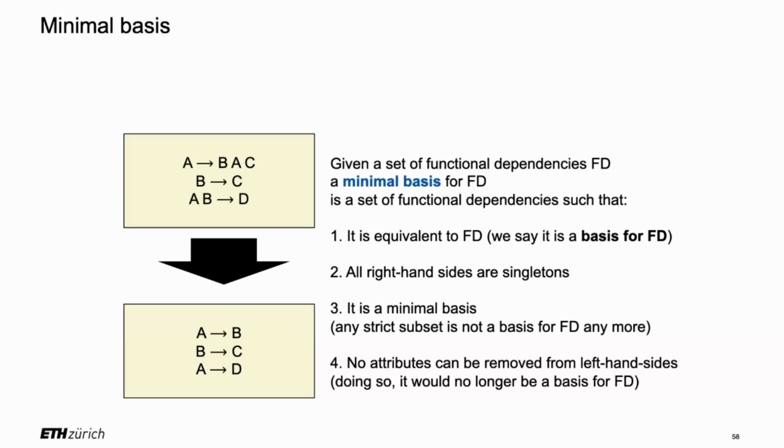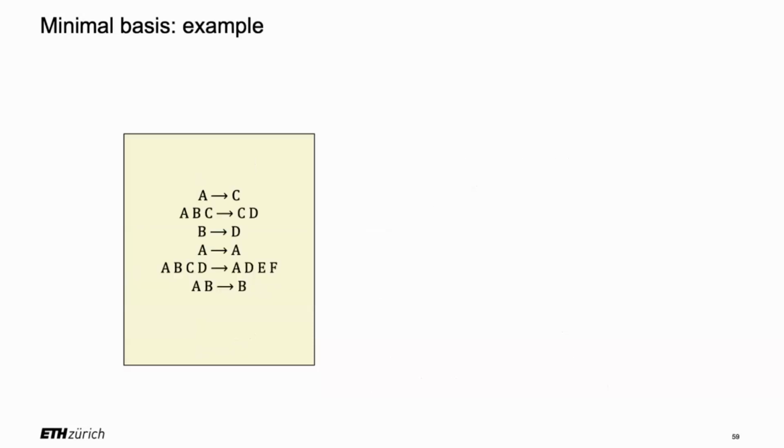Okay, awesome. Okay, this is much cleaner, right? And so that would be a minimal basis for the initial set. It's equivalent, but it's cleaner. Word of warning, the minimal basis is not unique. Depending who cleans, you might not get the same results, right? So there might be multiple ways to clean it up, and that depends on the order in which you remove things. Okay, so no uniqueness.